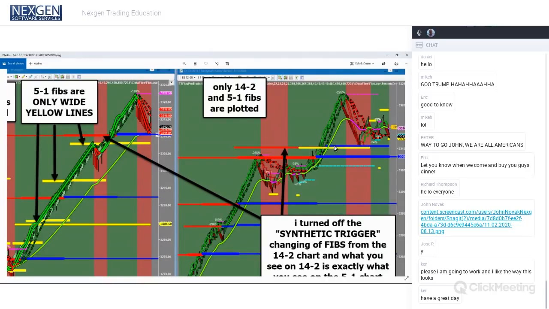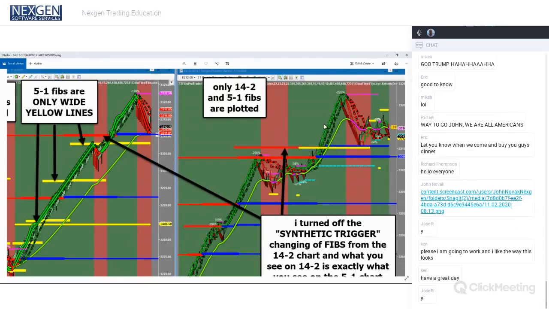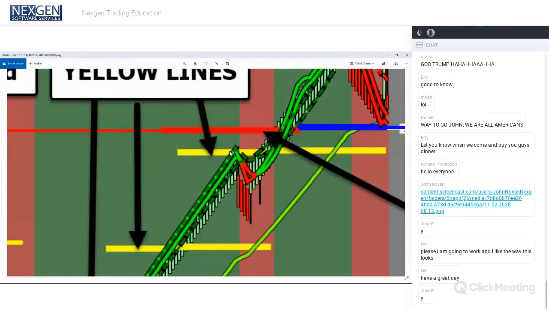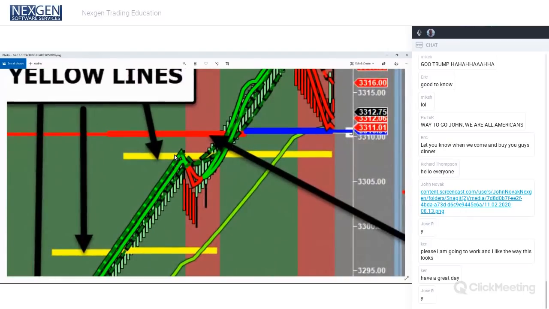Now I have gone one step further and I have taken the smaller time frame chart's fibs, the 5.1 fibs, and I have superimposed them as a synthetic fib area on our larger chart.